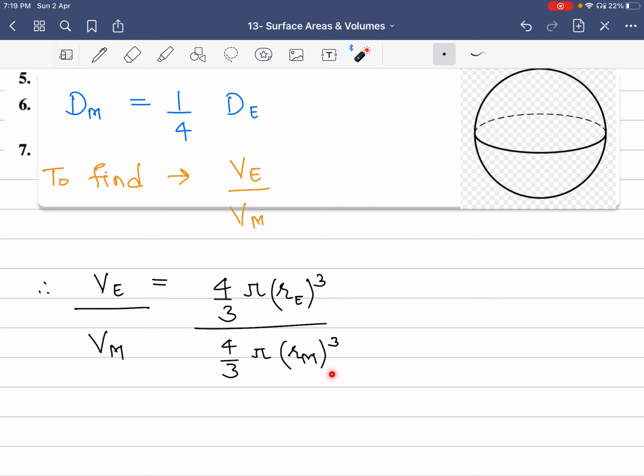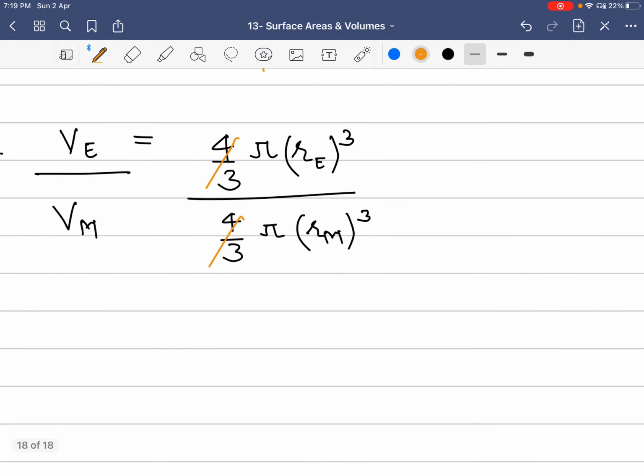Now if you notice this fraction, a lot of things are just going to get cancelled out. Let's do that first. You can see 4 by 3 will cancel, and pi will cancel each other. What remains is just these two values, RE and RM, and we have to find the value of this fraction. So do we need to know the exact value of the radius of earth and radius of moon?